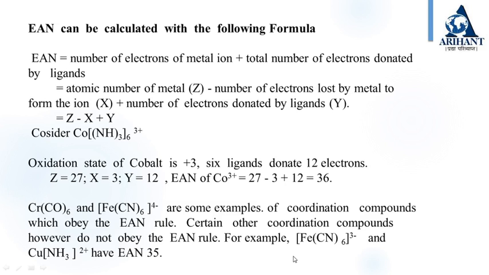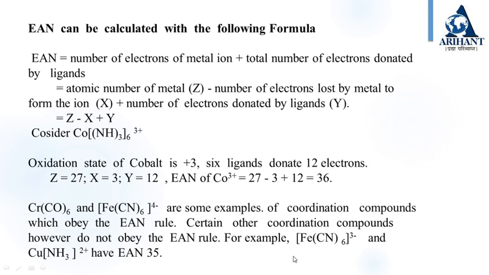So see this example, Co(NH3)6 3+. Here the oxidation state of cobalt is +3, and 6 ligands donate 12 electrons. So Z is equal to what? 27, which is the atomic number of cobalt.